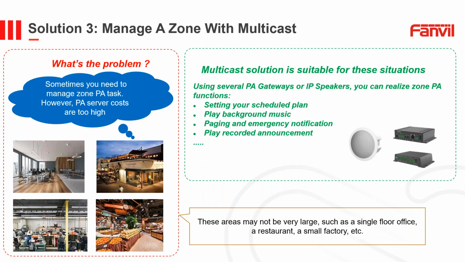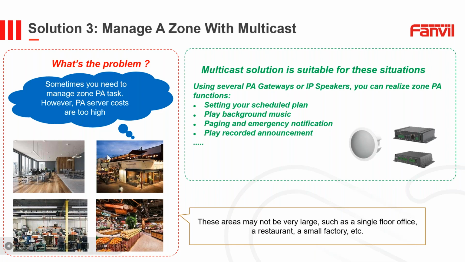In some cases, your customer needs to manage zones, like in a restaurant, a single floor office, or a small factory. You may need more functions, but some vendors may suggest you buy a public address server.